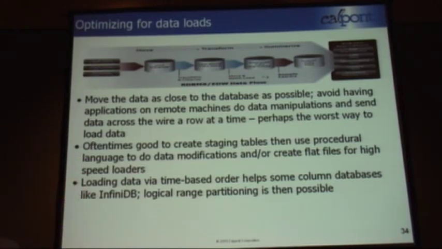And be forewarned that if you're using ETL tools and such, some of them, not all of them, but some of them, let's say you're firing off all this stuff and your ETL tool is running on your laptop, it's going to act as a router. And you don't want that. It's going to go back and forth doing these types of things. So try to create the staging tables and use utility functions on the database server to then push that data into the database if you can.